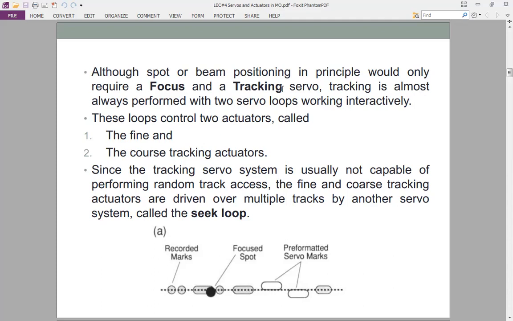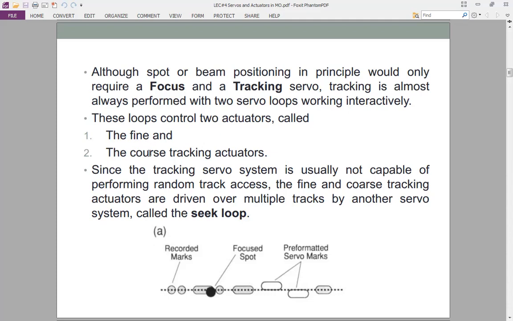So these are two servos that we will keep talking about, the focus and tracking servo. And then the actuators, whatever does the positioning, is called an actuator. There are two types. We have the fine one and we have the coarse one.